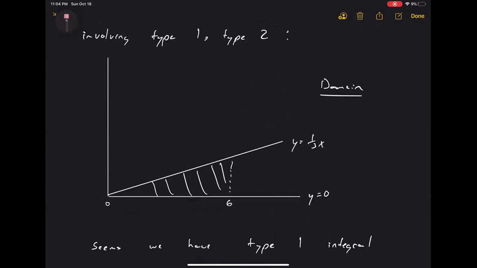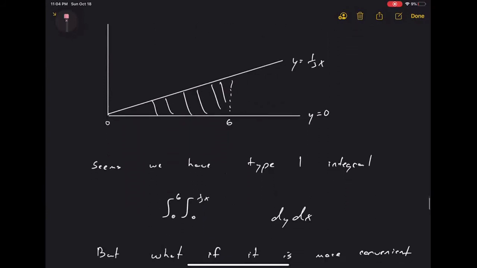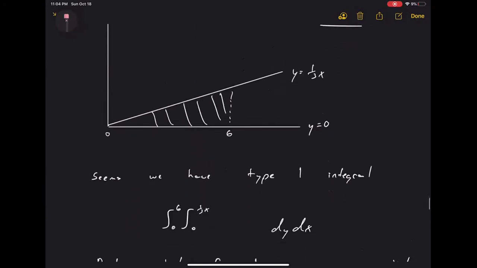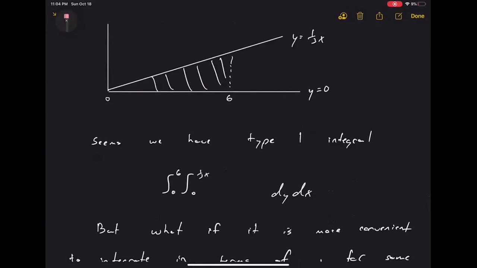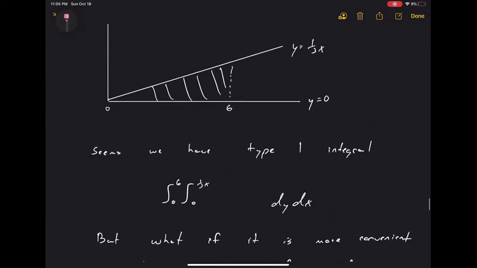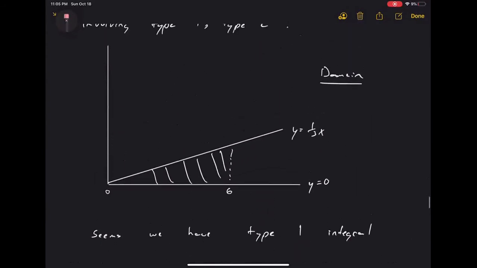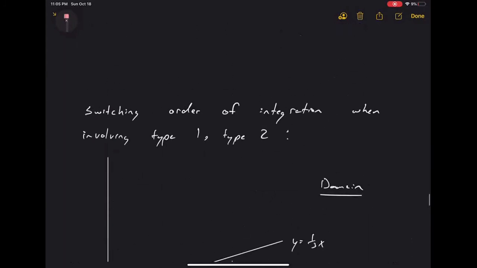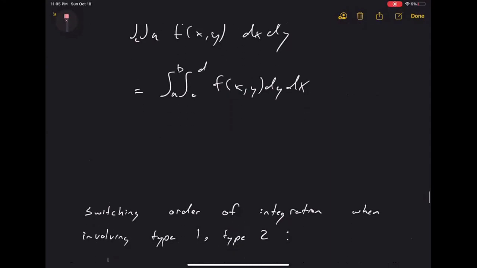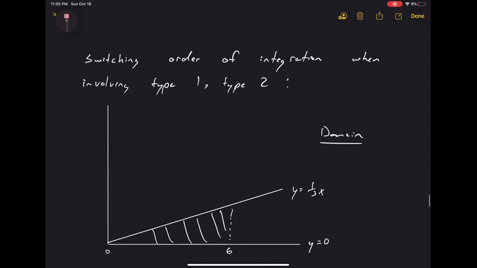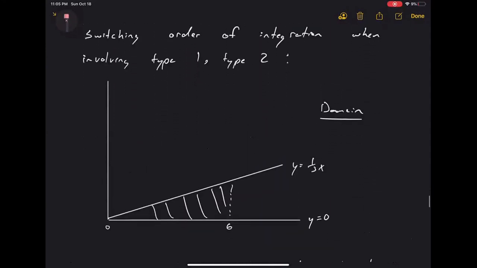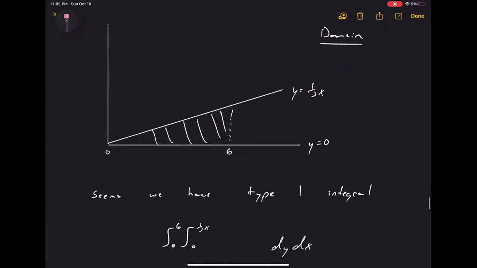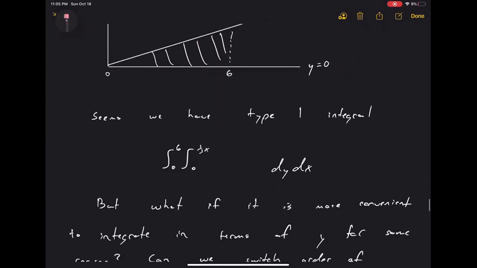So there's a couple ways to think about this, and being able to switch between the two is going to be helpful. Let's say we're starting with a type 1 integral. Maybe they give this to us and tell us to rewrite it as a type 2 integral. Another scenario is we figure out the bounds for our type 1 integral, but then we try it and it's really hard to integrate in terms of y first.